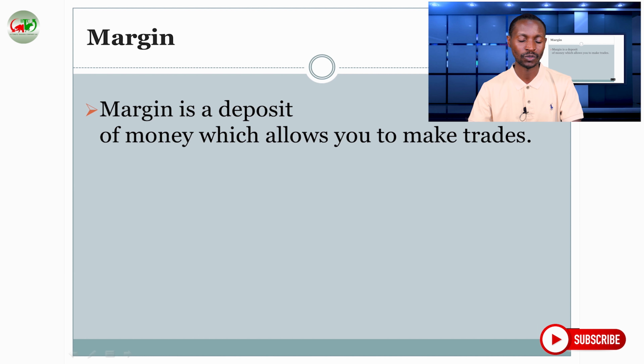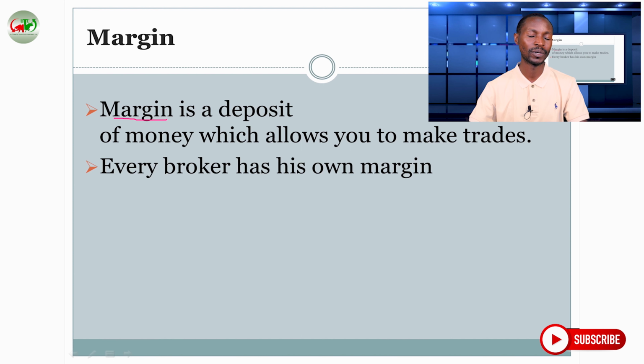This amount of deposit the broker sets aside for a particular trade, we call it margin. The margins are different from broker to broker, so this is one of the things you will need to check while choosing the broker you are going to use for your trading.